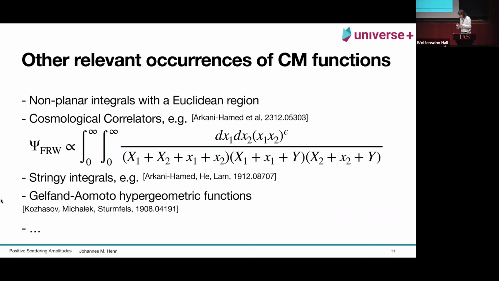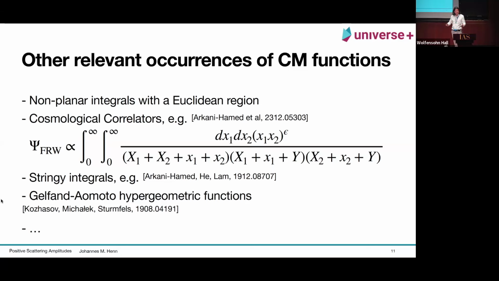Now, in a similar vein, you can convince yourself that for many objects that we see in current studies, the same property holds. And again, it's nothing too special. For example, if you look at some example of a cosmological correlator integral, well, it's just something where you have a positive integrand, and again, the variables appear in such a way that when you differentiate, you get these sign patterns. So it seems quite trivial seen from that viewpoint.